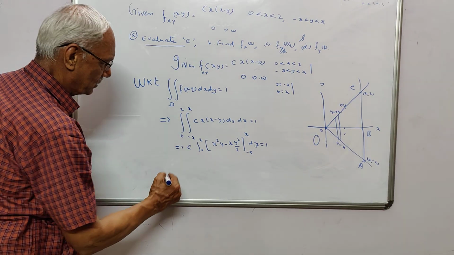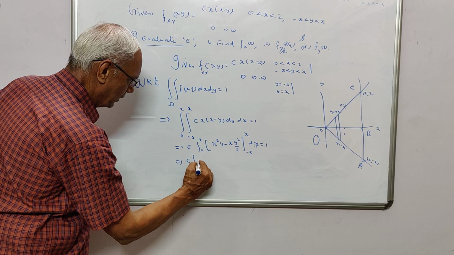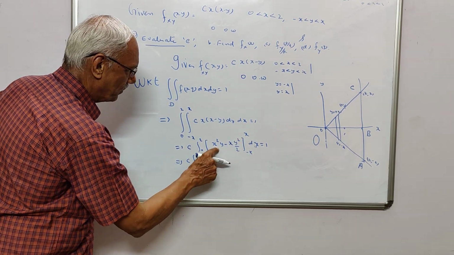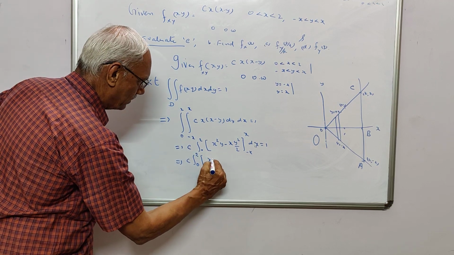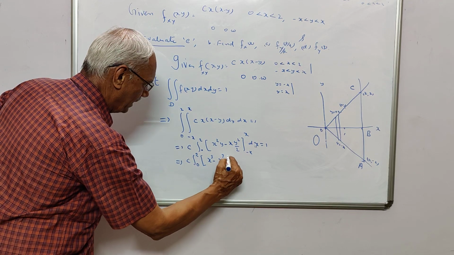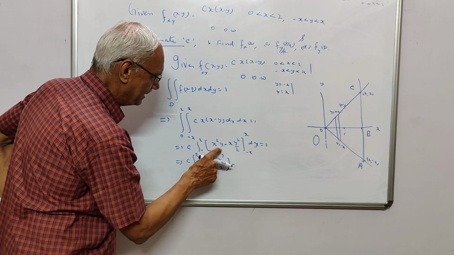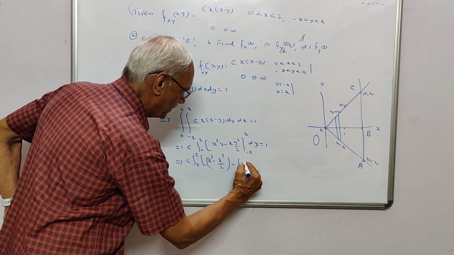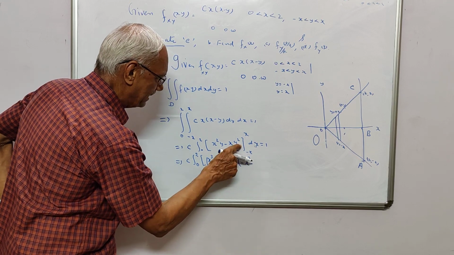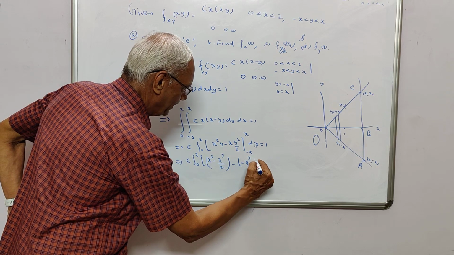So c into 0 to 2, and you apply the limits here. If you put x, it will be x cubed, minus x cubed by 2. Keep this in a bracket. Then minus the second limit: if you put minus x, it will be minus x cubed, and with the minus in front, it will be plus, so again it is minus x cubed by 2.